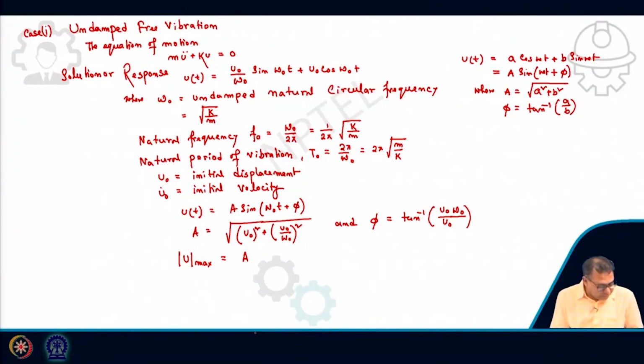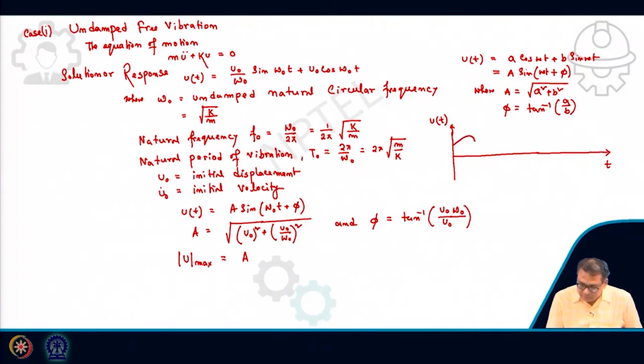Now if I draw the displacement versus time plot, if this is time and this is U(t), then there is the initial U0, so that will start from here, then it will go up like this. What is this value?